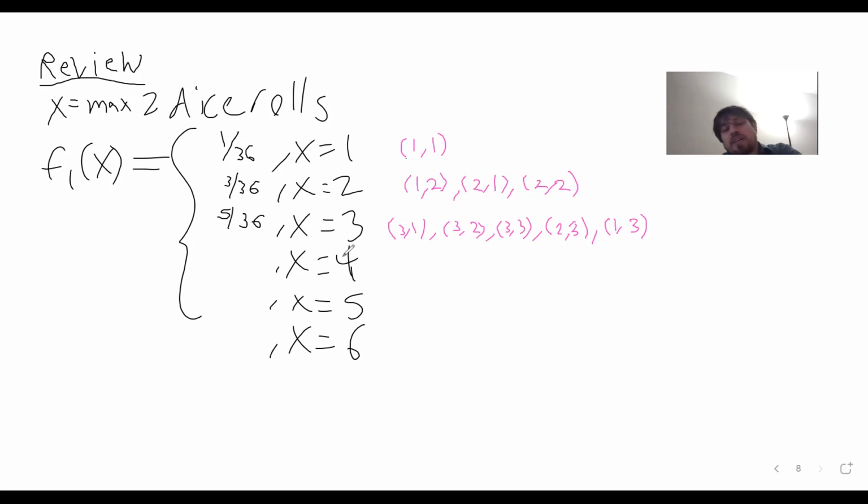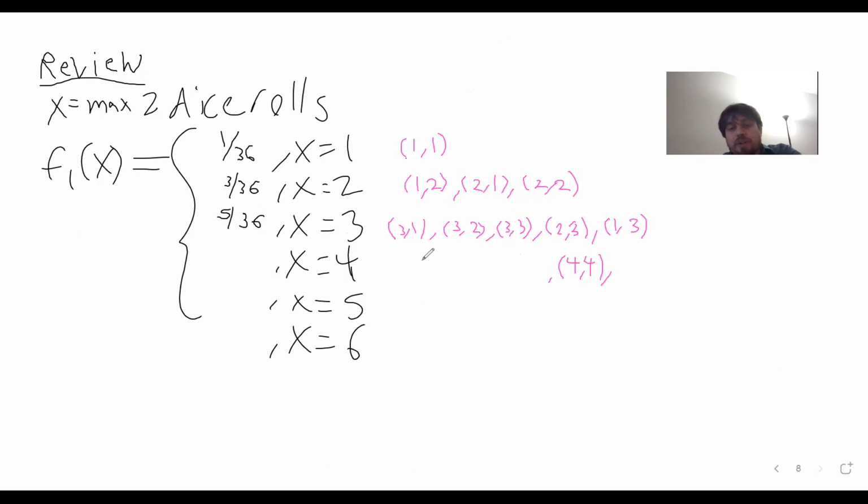So now let's see. For 4, the maximum would have to be 4, right? So you would have a middle ordered pair of (4, 4). Then you have lots of other ones. Now, let's say the first one is the larger one, right?